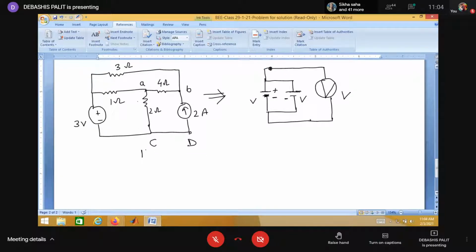I can resolve the circuit. So at this point a 3 ohm resistance is there. I can draw the circuit here equivalently. Equivalently I can consider there is another voltage source.